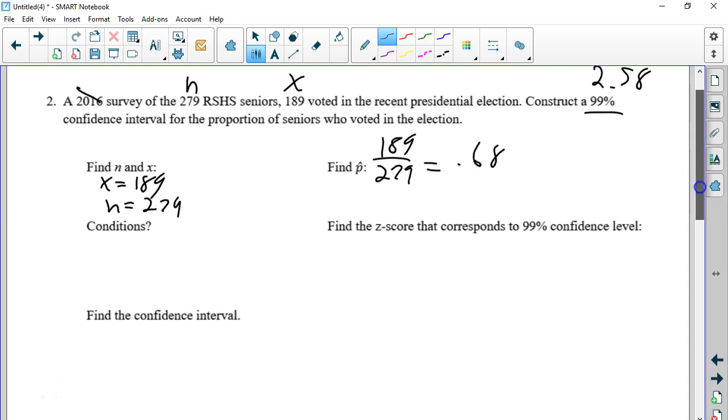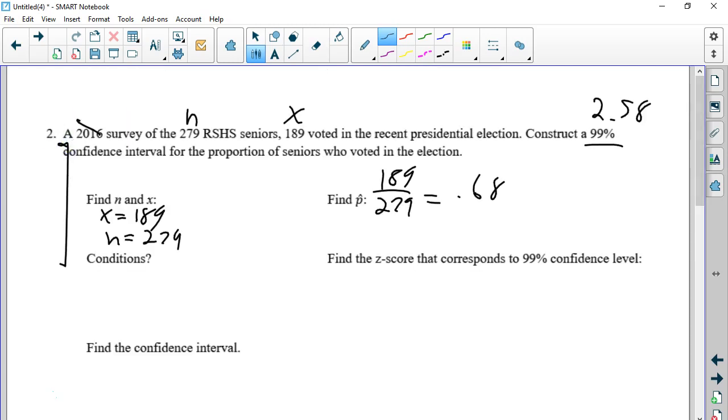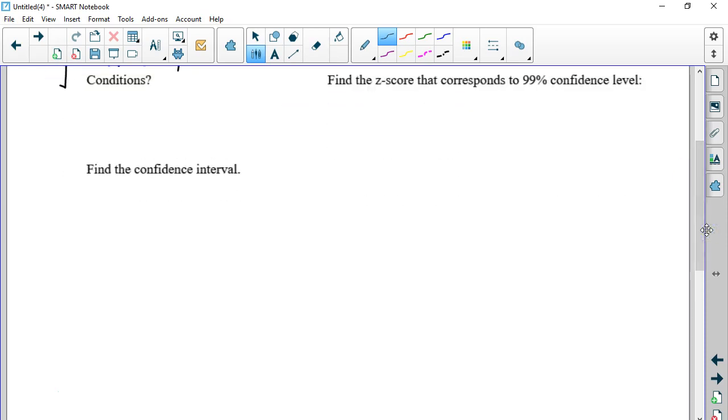So, conditions. Now I'm going to try to write it in the correct space this time. n, which is 279, times p hat, which is 0.68, is 189.72.